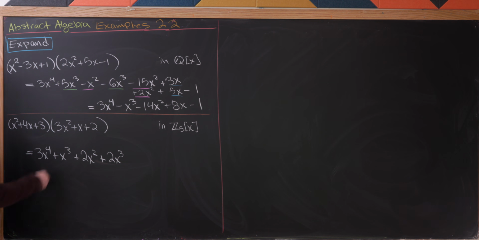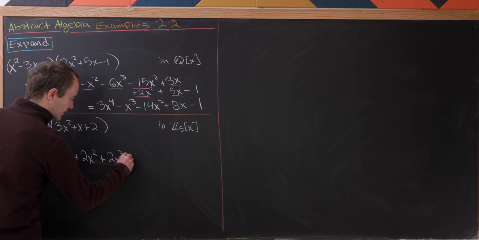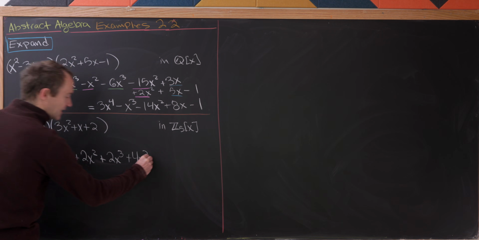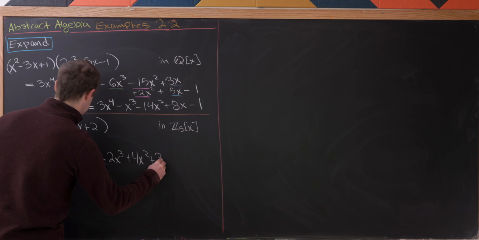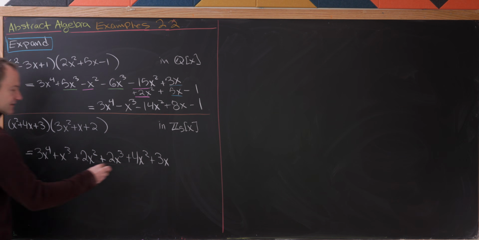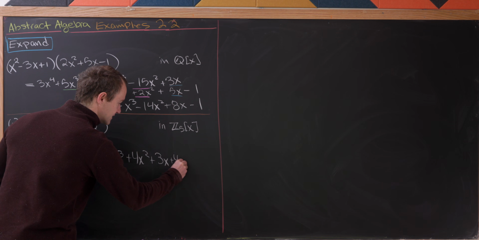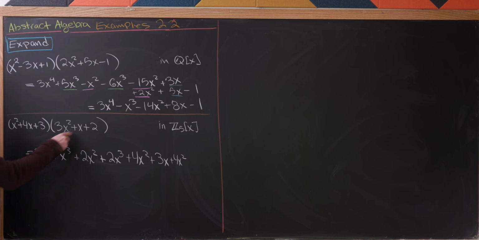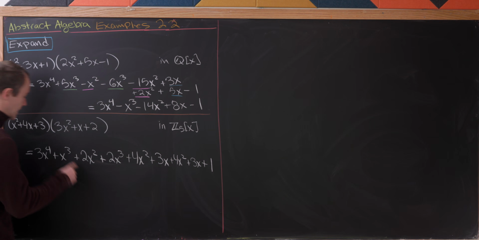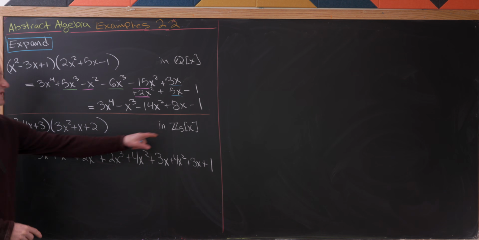Then we have 4 times x. That'll give us 4x squared. And then 4 times 2 is 8, but that is 3 inside of Z5. Okay, then 3 times 3 is 9, but 9 is 4 inside of Z5, so we have 4x squared. 3 times x, that'll be 3x, and then plus 1, because 3 times 2 is 6, but that's 1 inside of Z5.